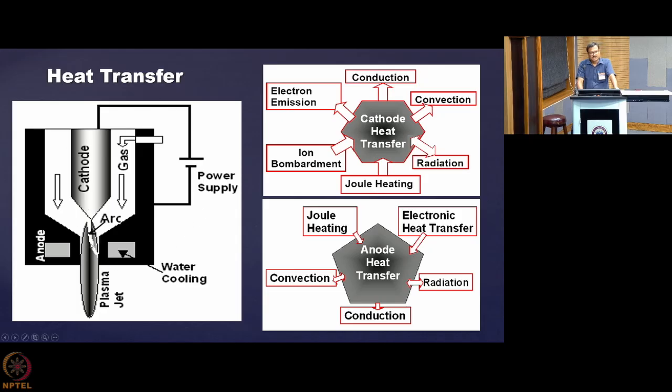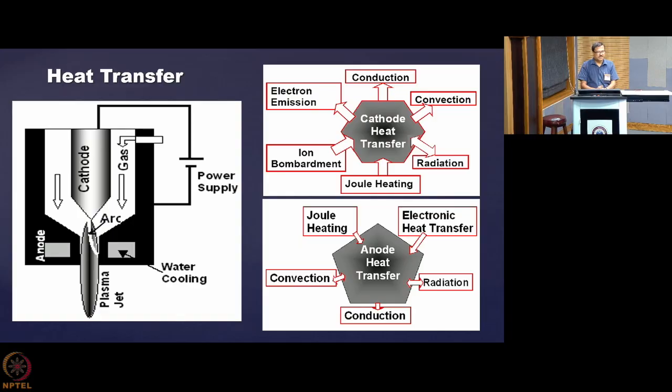Arc voltage means the voltage between the cathode and the anode that you have measured. Usually, as you know, this is operated using a constant current power supply unit. If you multiply the voltage and the current, you get the total power that you have supplied electrically. So note that this is the electrical power input.